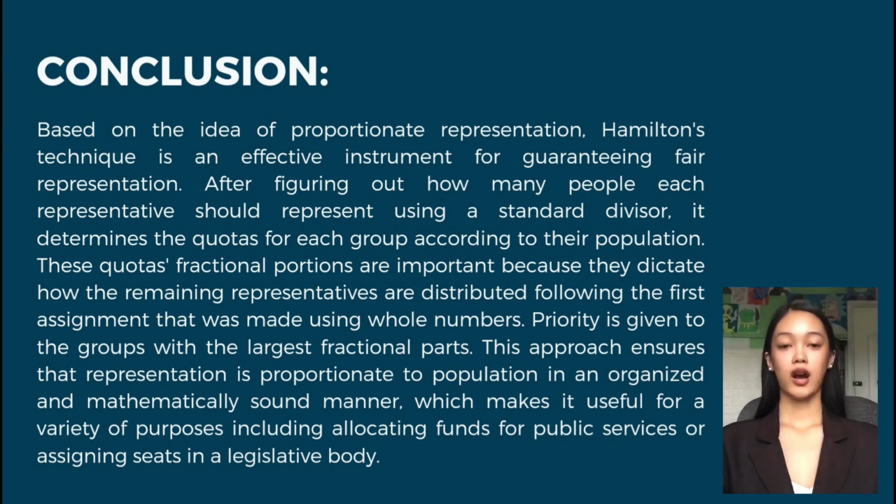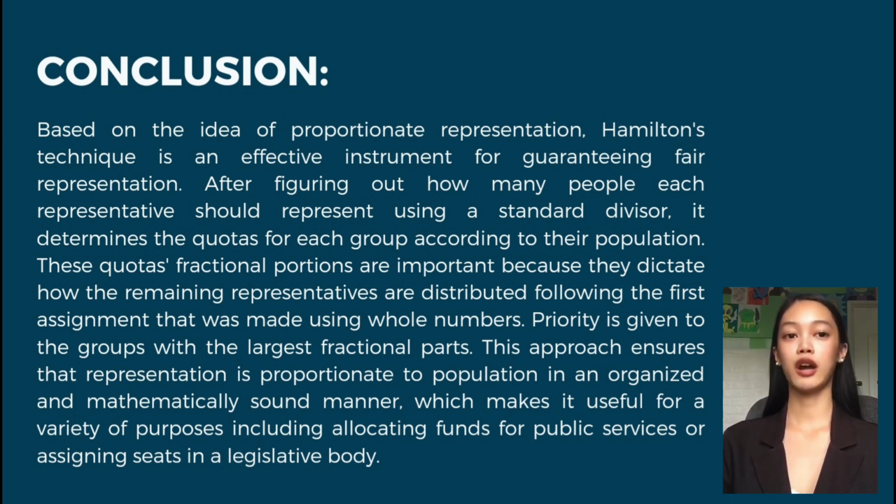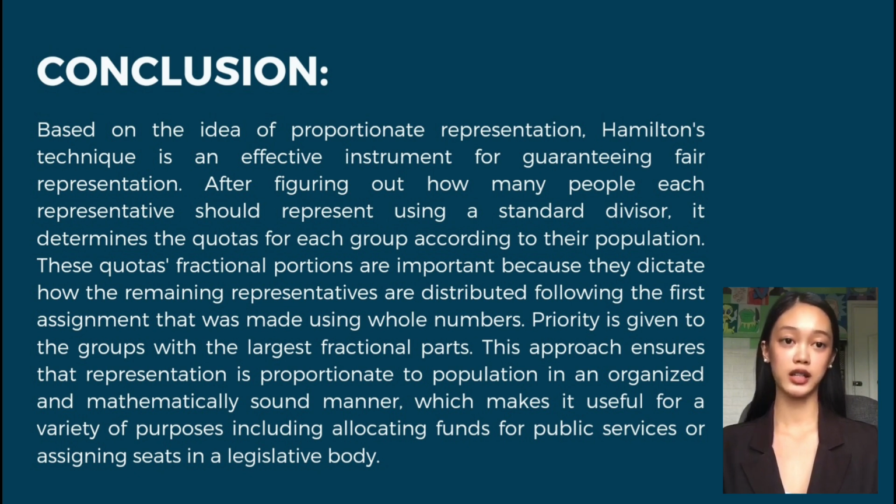Based on the idea of proportionate representation, Hamilton's technique is an effective instrument for guaranteeing fair representation. After figuring out how many people each representative should represent using a standard divisor, it determines the quotas for each group according to their population. These quotas' fractional portions are important because they dictate how the remaining representatives are distributed following the first assignment that was made using whole numbers.